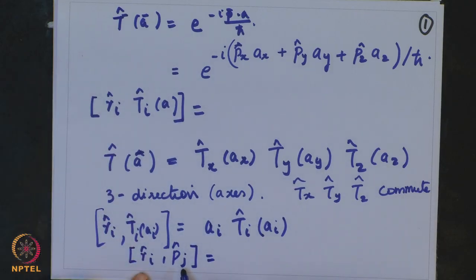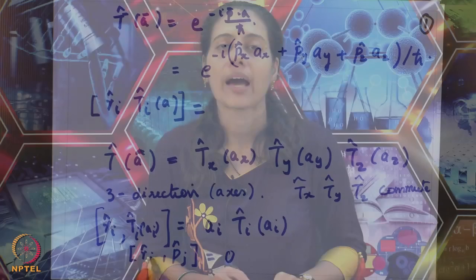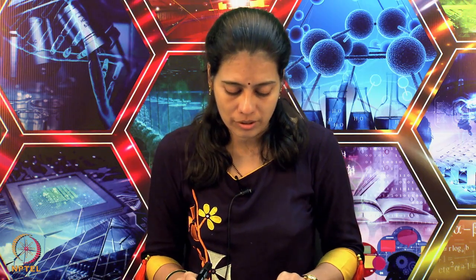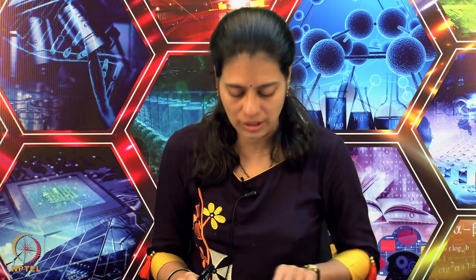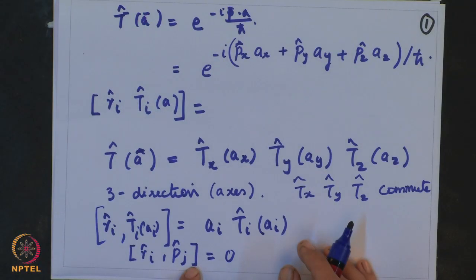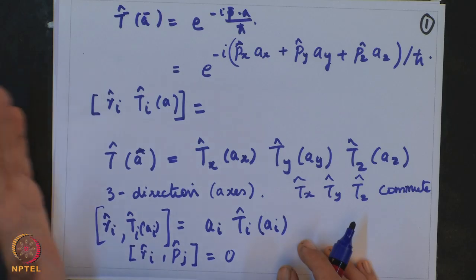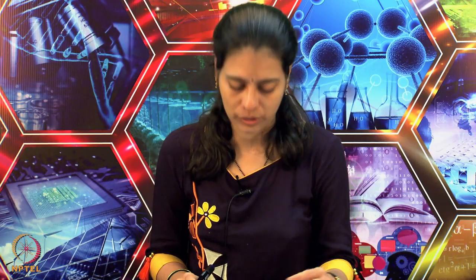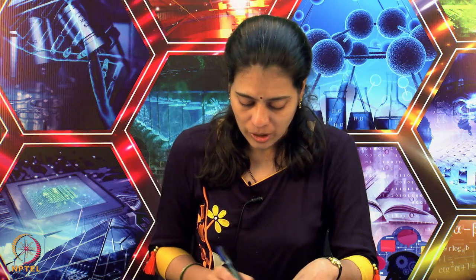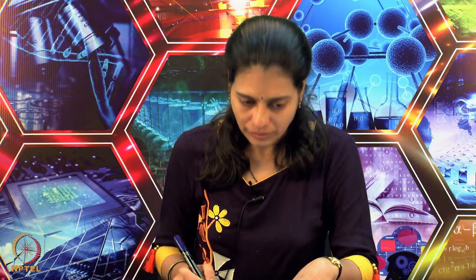So, the commutator of R_i and P_j will be 0 for unequal indices. We know that [R_i, P_i] is nothing but i h cross. These are the general commutator relations: [R_i, P_j] is i h cross delta_ij. When i and j are equal, they will not commute, and when i and j are unequal, they commute in this particular case.